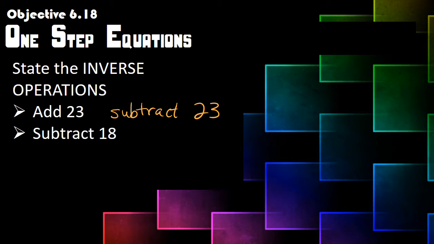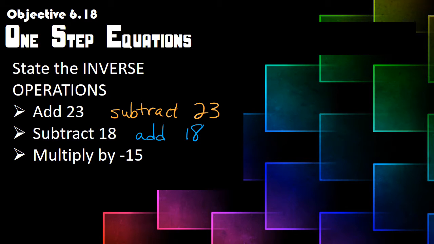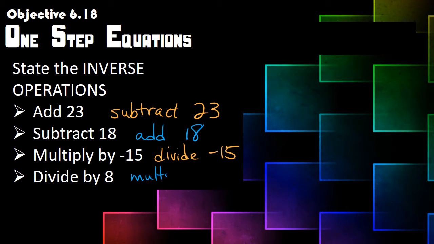And you guessed it, if it says subtract 18, the opposite of that, what we would do is add 18. If it says multiply by negative 15, we would divide by negative 15. So we're just doing the inverse operation when we solve one-step equations. And last but not least, if it says to divide by 8, we would just multiply by 8.